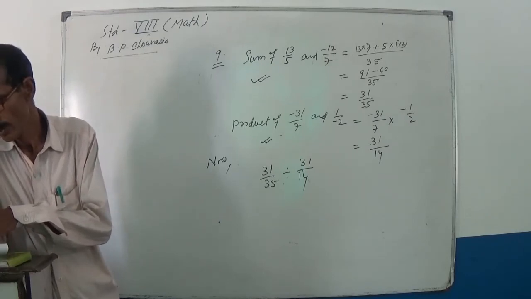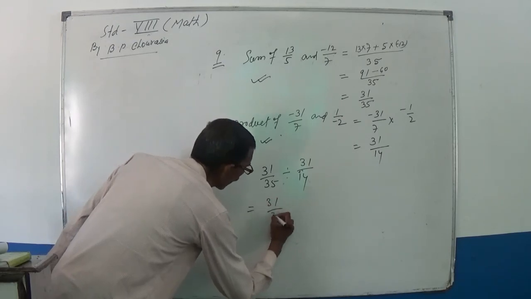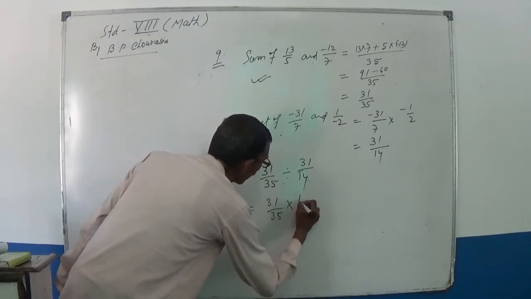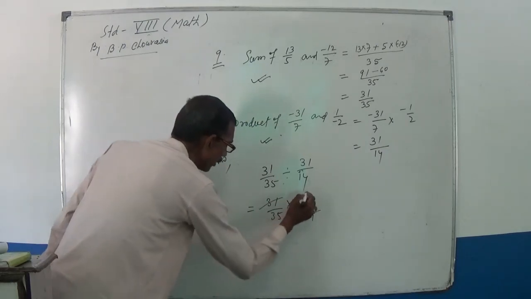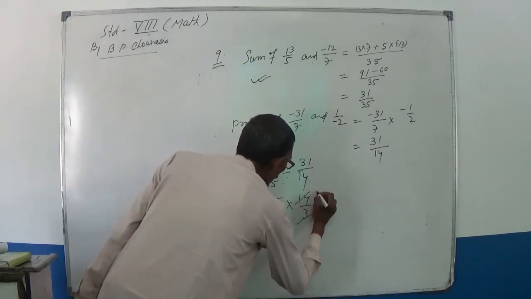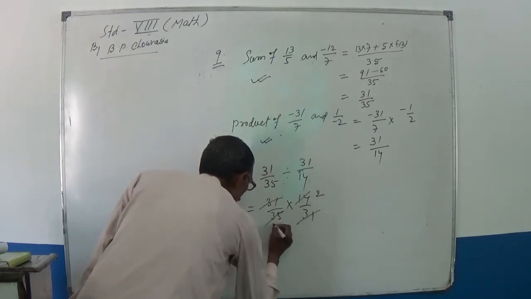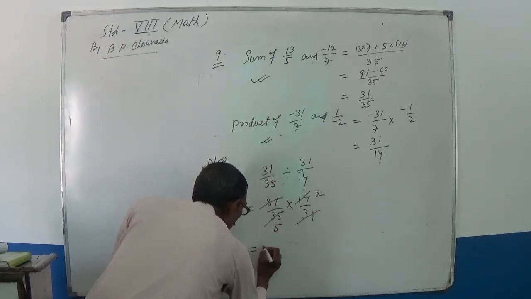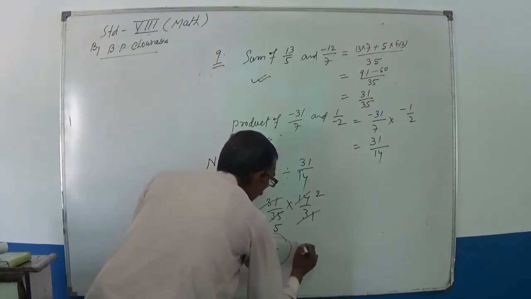Divide this number: 31 by 35 into 14 by 31. Eliminate this. 2 7s are 14, 5 7s are 35. This is 2 by 5. This is the answer.